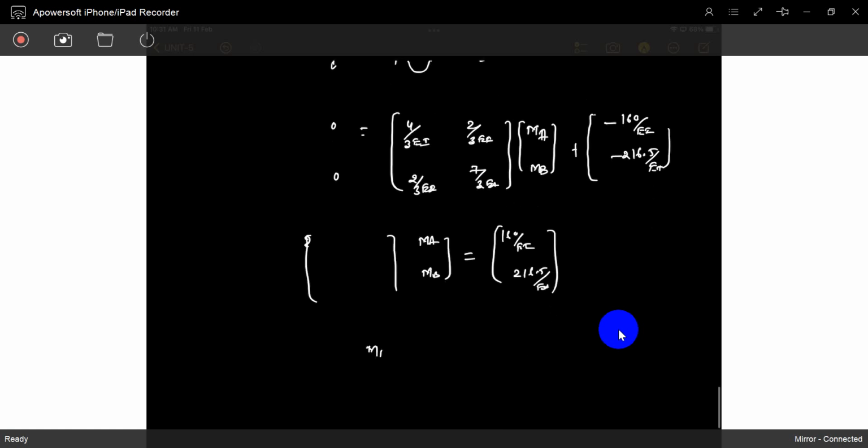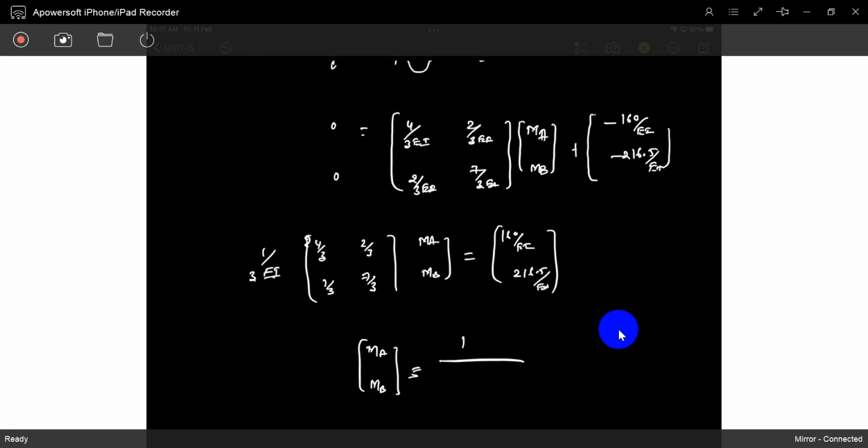So MA and MB, how can you write? You can directly solve two equations, otherwise you can inverse it directly. 1 by EI, this is 4 by 3, 2 by 3, 2 by 3, 7 by 3. Inverse it.